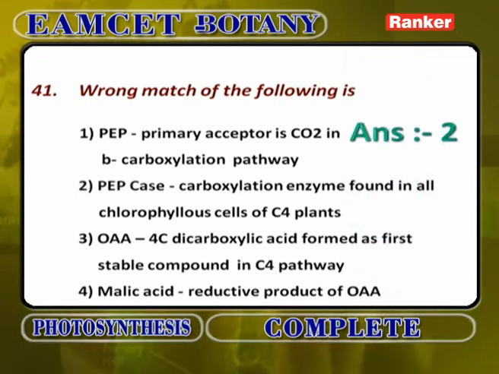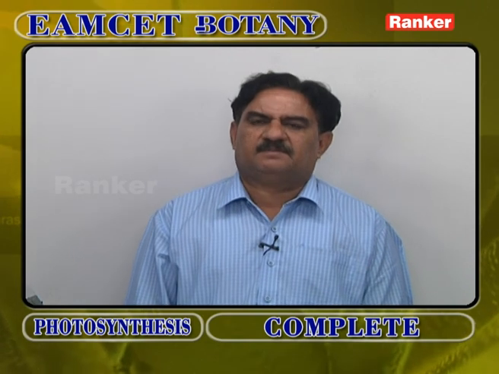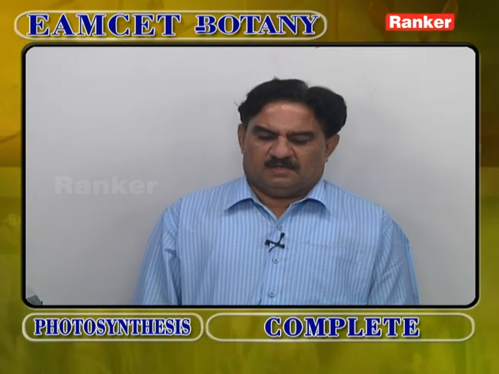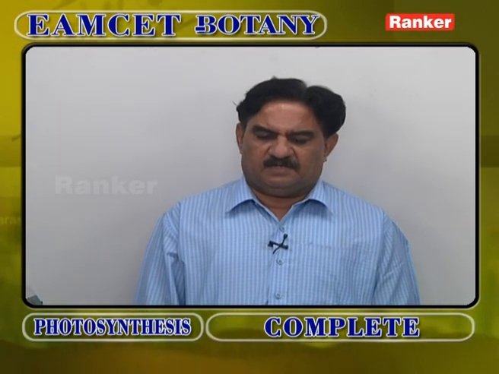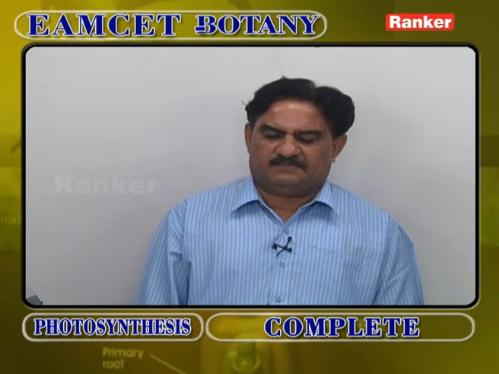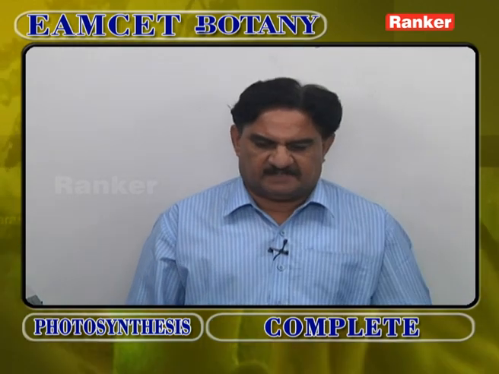Wrong match of the following. PEP, primary acceptor of CO2 in the beta carboxylation pathway, is correct. PEP carboxylase, carboxylation enzyme found in all chlorophyllous cells of C4 plants, is wrong. Oxaloacetic acid, a 4-carbon dicarboxylic acid formed as the first stable compound in the C4 pathway, is correct.